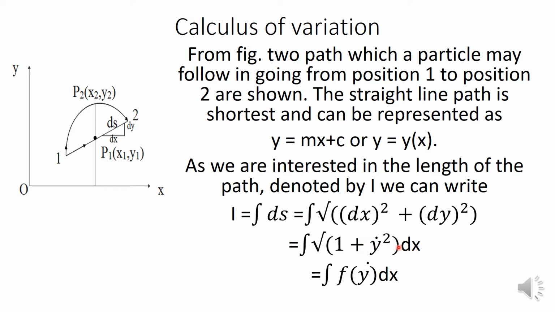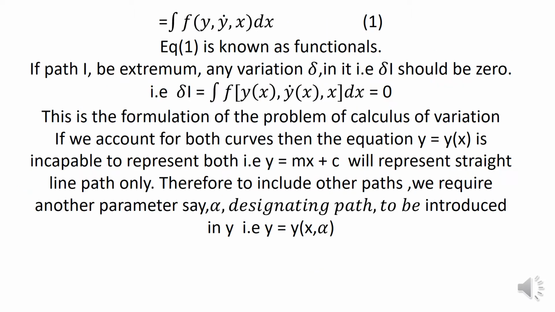That is, this integral can be written as integral f of y dot dx. That means the integral can be written as integral f, a function of y comma y dot comma x, dx. And this integral is denoted by equation number 1.